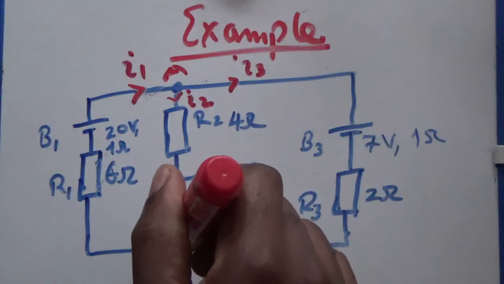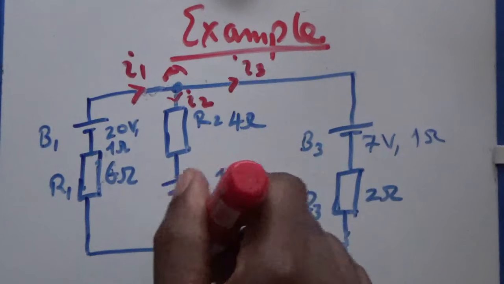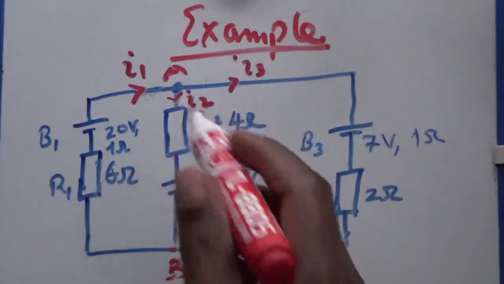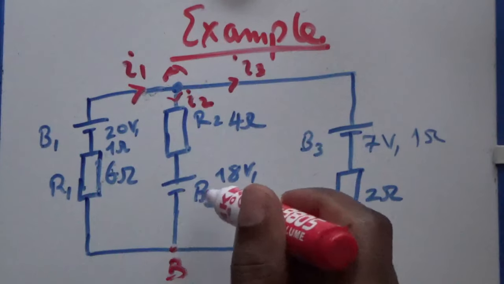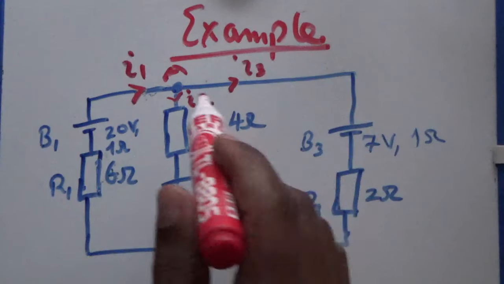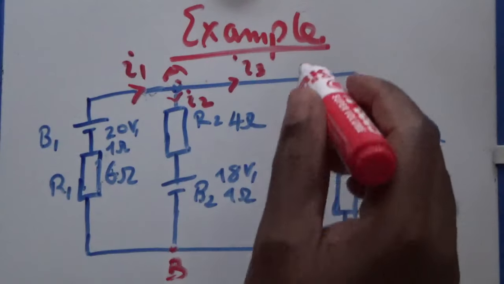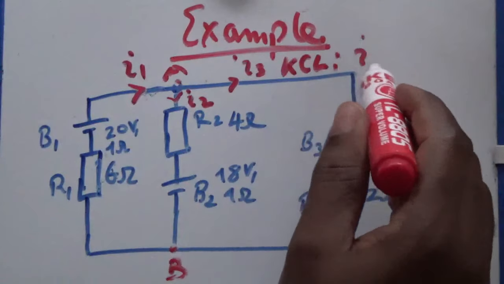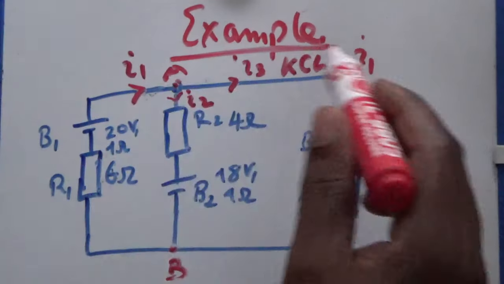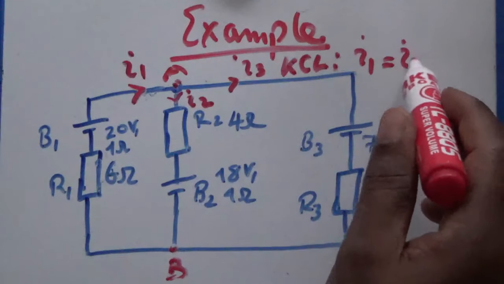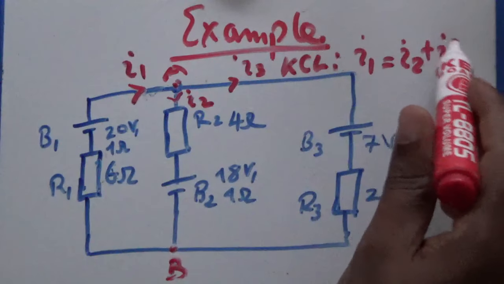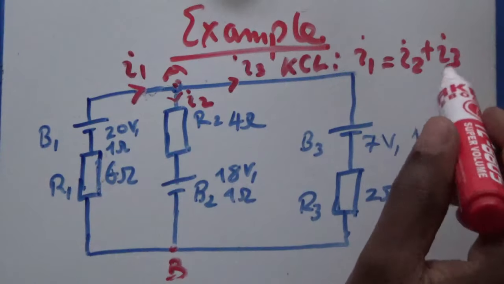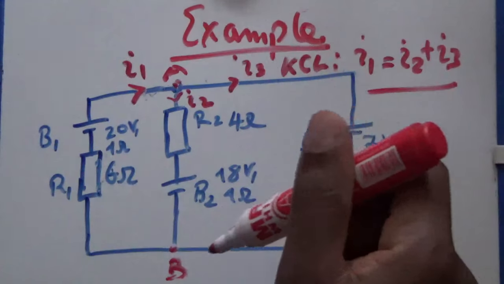We can have a node B, and the rest. So Kirchhoff's current law at this point is that I1, which is entering here, is equal to I2 plus I3. So this is the first equation that we get.